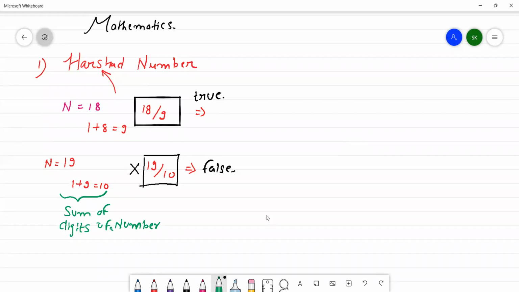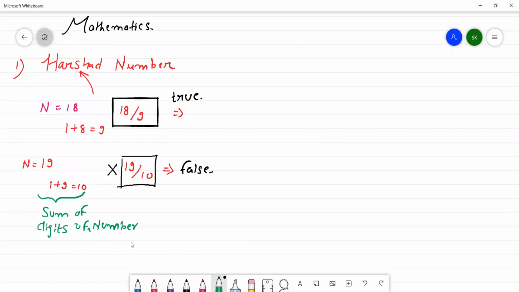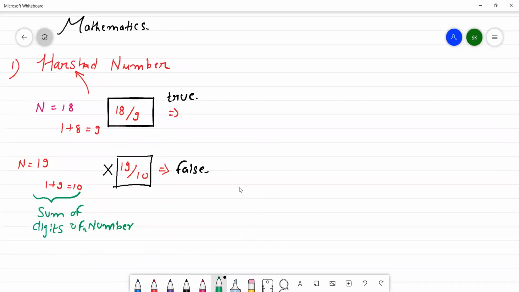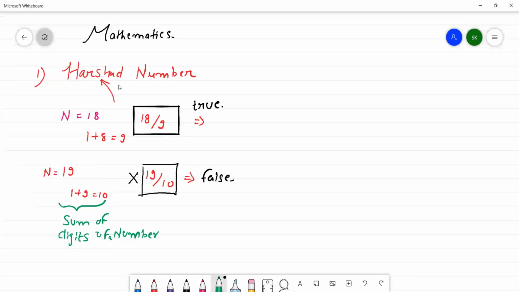Okay, considering that all of you know the sum of digits, how many of you will be able to write the code for Harshad number? Gaurav, Harshad number is, you have been given a number and you have to divide that given number with the sum of its own digits.